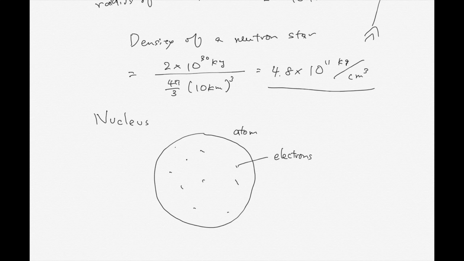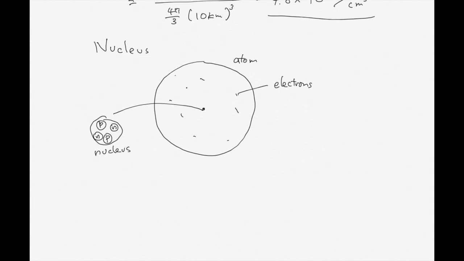And at the center, it's made of protons and neutrons. So we call this the nucleus. So we'd like to discover the density of the nucleus.